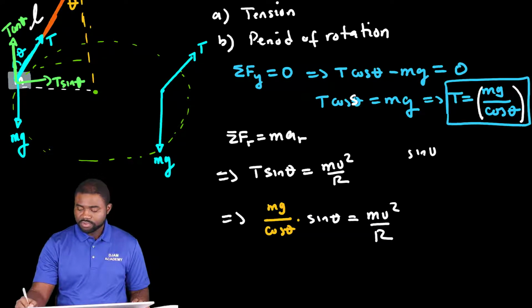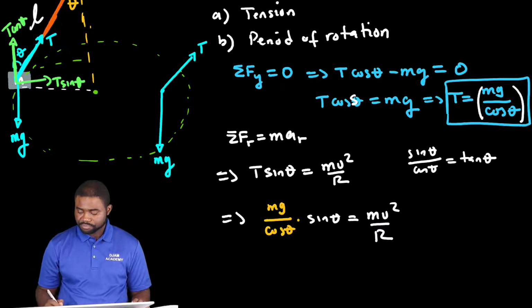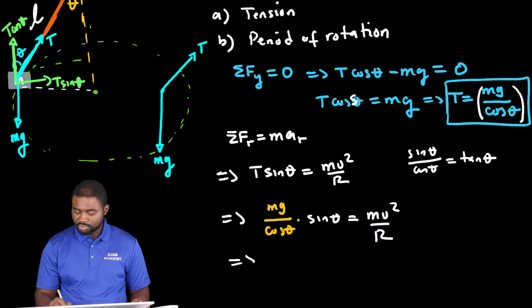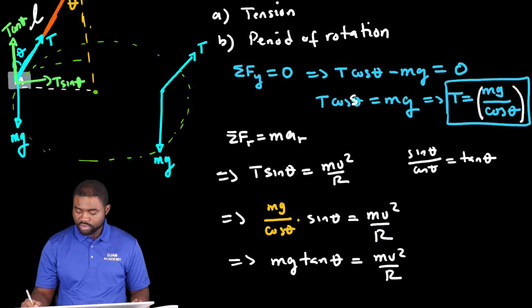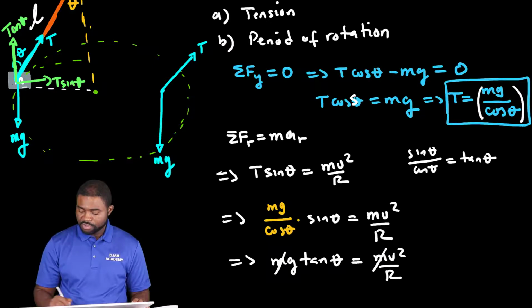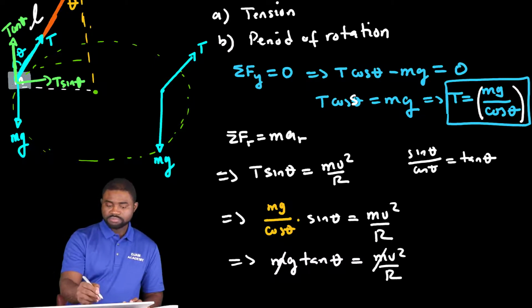Now we have to be a little bit attentive here to simplify. Sine theta divided by cosine theta is equal to tan theta. So this would mean that mg tan theta will be equal to mv squared over r. The m's can cancel.